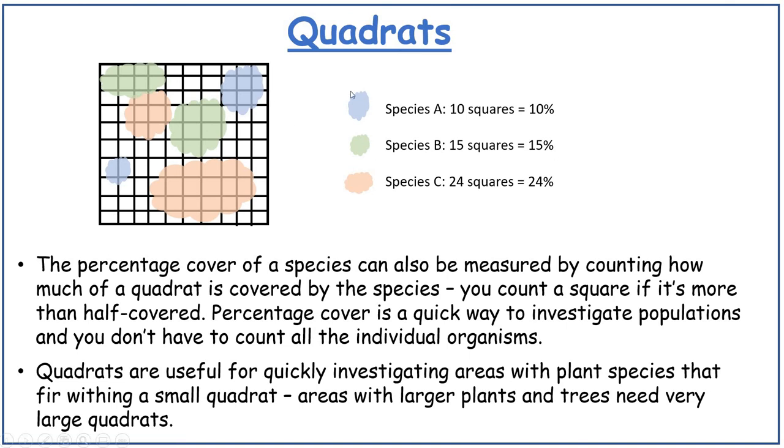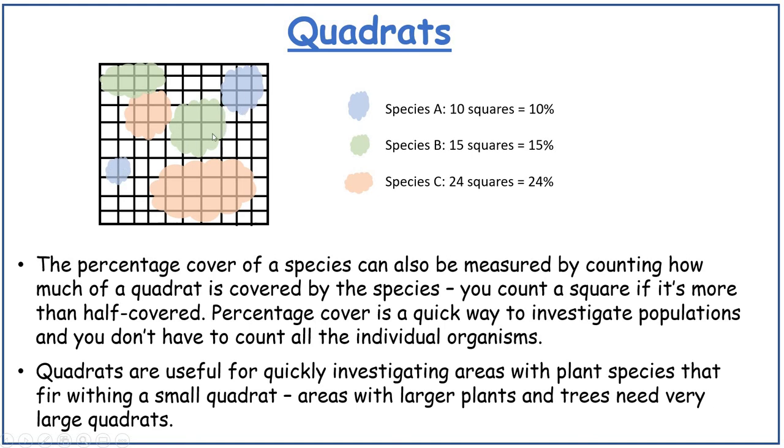So as an example here, species A, the blue one, you wouldn't count that one. Yes for that one, no for that one. Yes, yes, yes, yes, yes, yes. These two, no. It's less than half. So that is 1, 2, 3, 4, 5, 6, 7. Maybe 8. And then 9, 10.